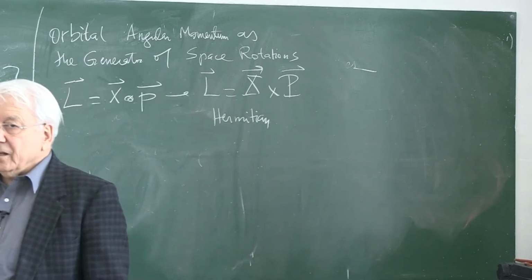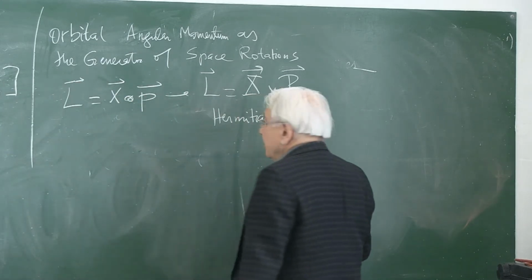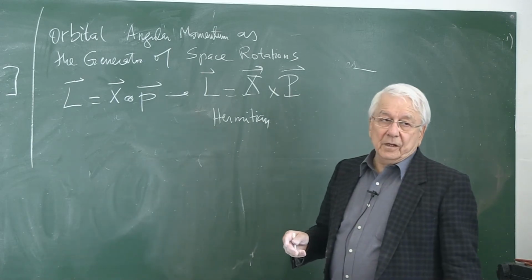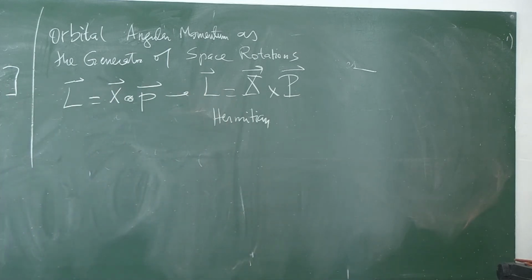When you take the Hermitian conjugate, if you blindly cross the order and put the daggers, as P is Hermitian and X is Hermitian, P dagger is P, X dagger is X, so the dagger is P cross X. Then as X and P do not commute, you may say, well, it's perhaps not Hermitian. I'm trying to tease you a little bit, of course.